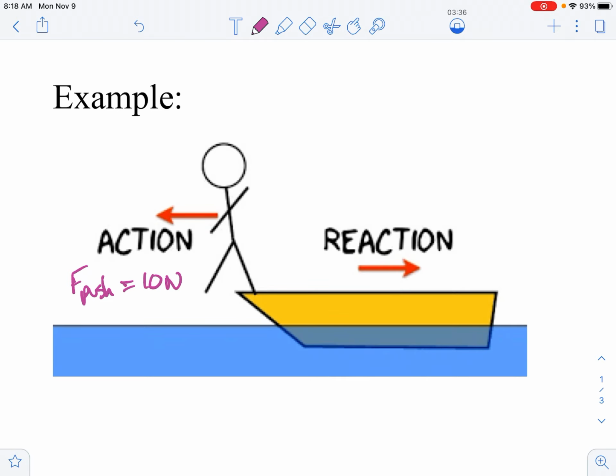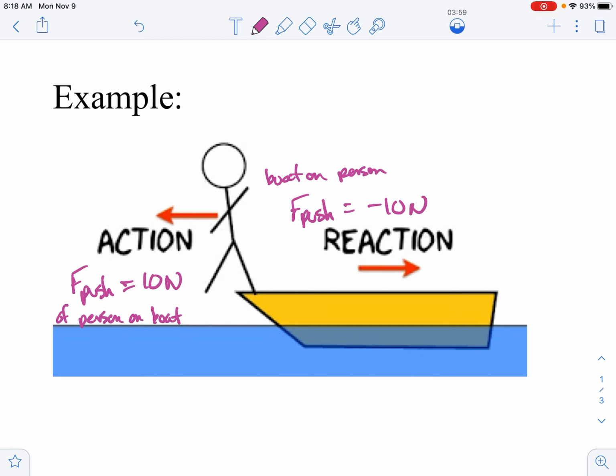Then the boat is going to experience an equal pushing force. So this is the push of the person on the boat, and this is the push of the boat on the person. Okay, equal and opposite. It's also going to be 10 newtons.